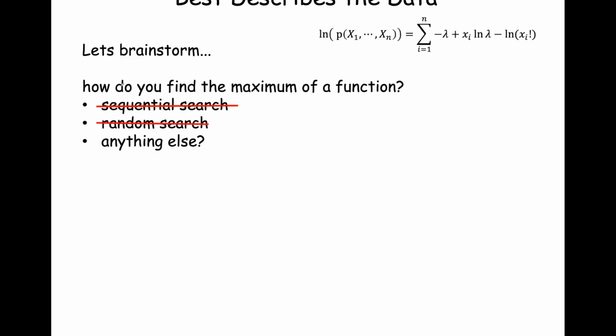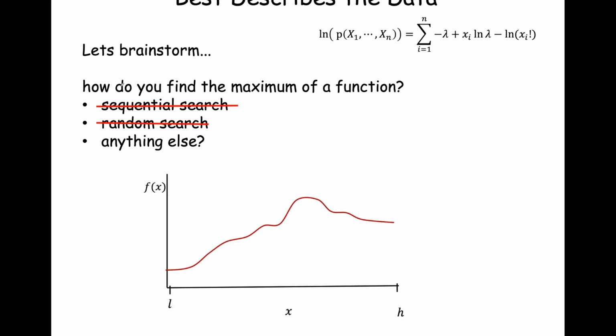Okay, well, is there anything else we can do? Let's think about this. We have our function, and let's imagine we have a tangent line. And we slide this tangent line to each point along this function, and we look at its slope. Sometimes the slope increases. Sometimes the slope decreases. But if we look at this value, we notice when we reach the maximum, it goes from increasing to decreasing.